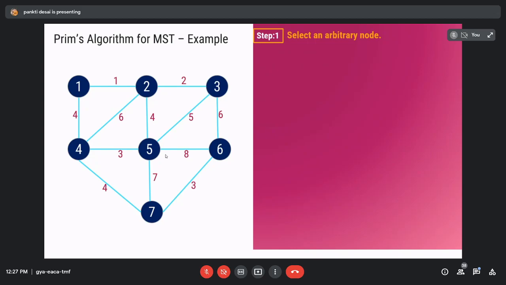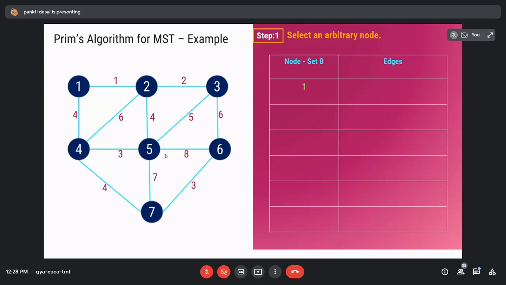If we use Kruskal's algorithm, first we select the edge with minimum weight. But in Prim's algorithm, select an arbitrary node, not the minimum weight edge, right?